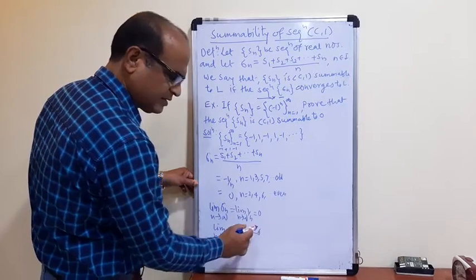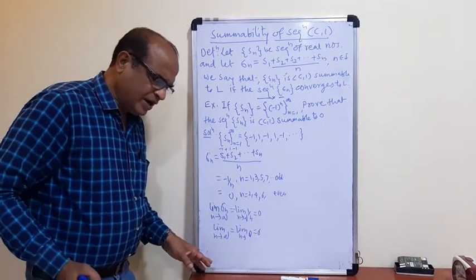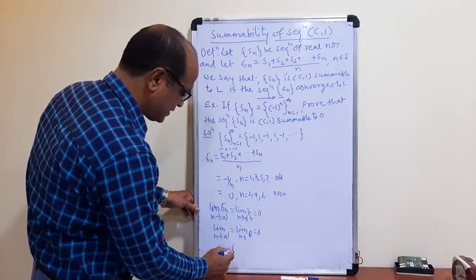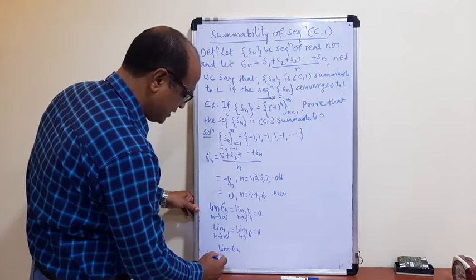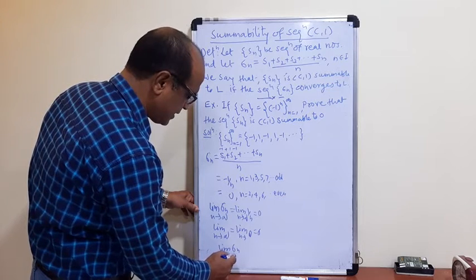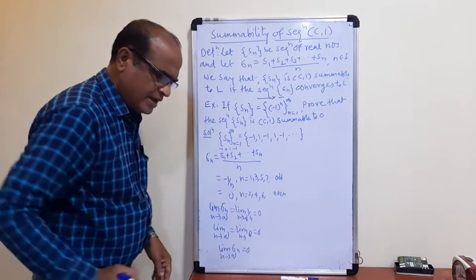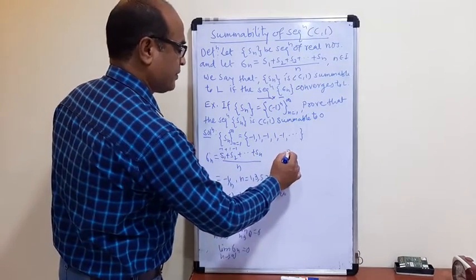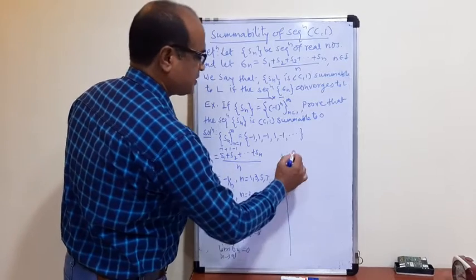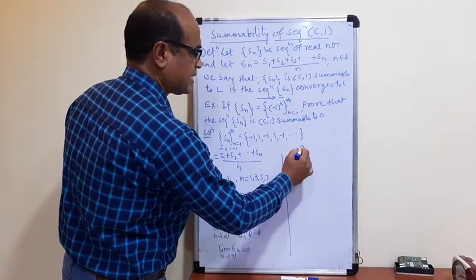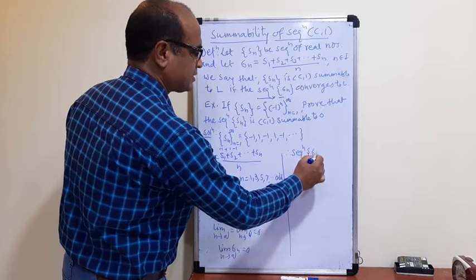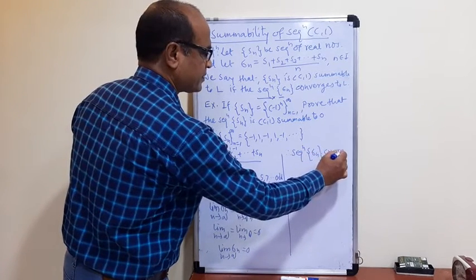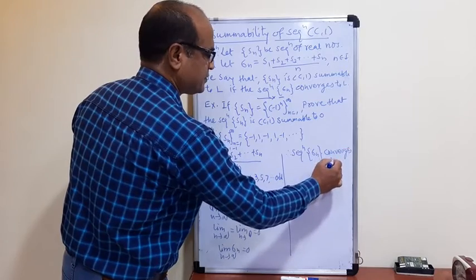So this is 0. So what is this? The limit of sigma n as n tends to infinity is equal to 0. Therefore the sequence sigma n converges to 0.